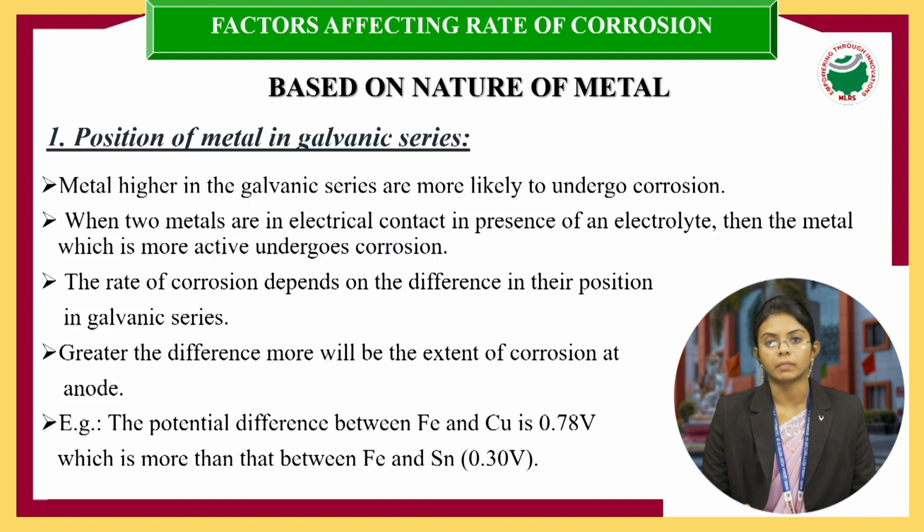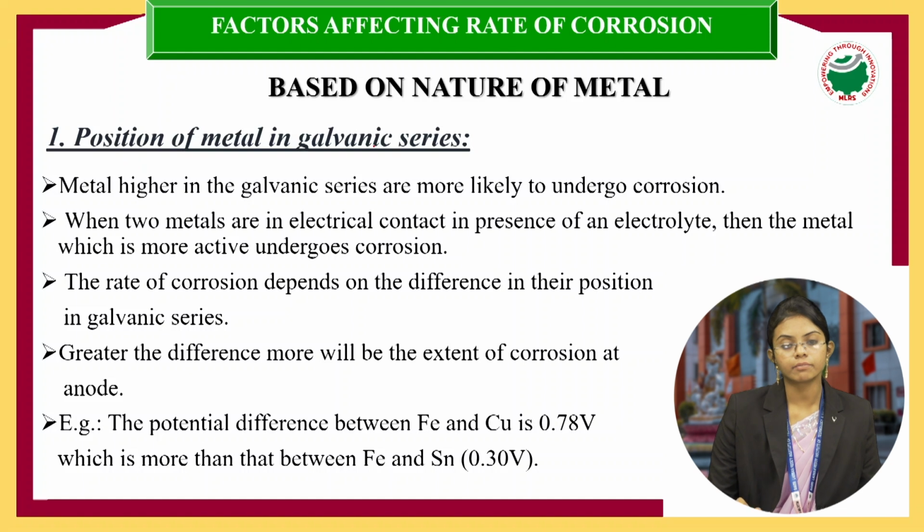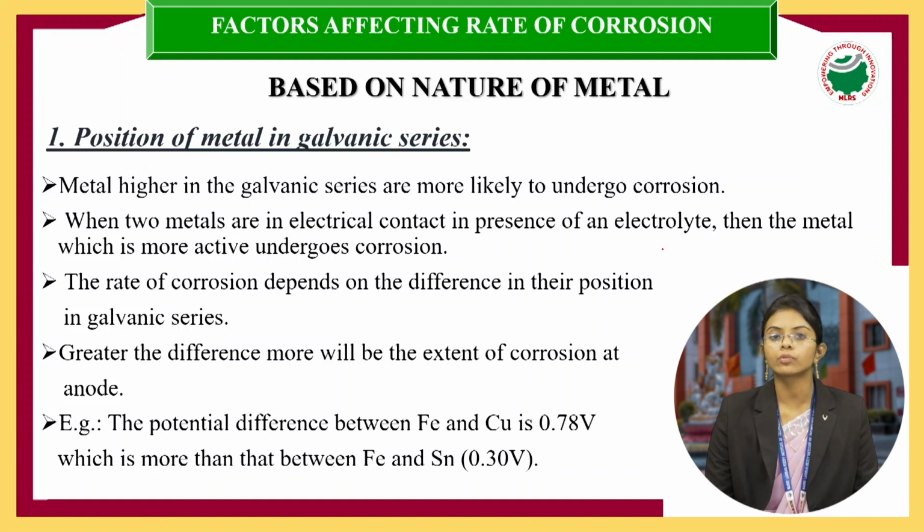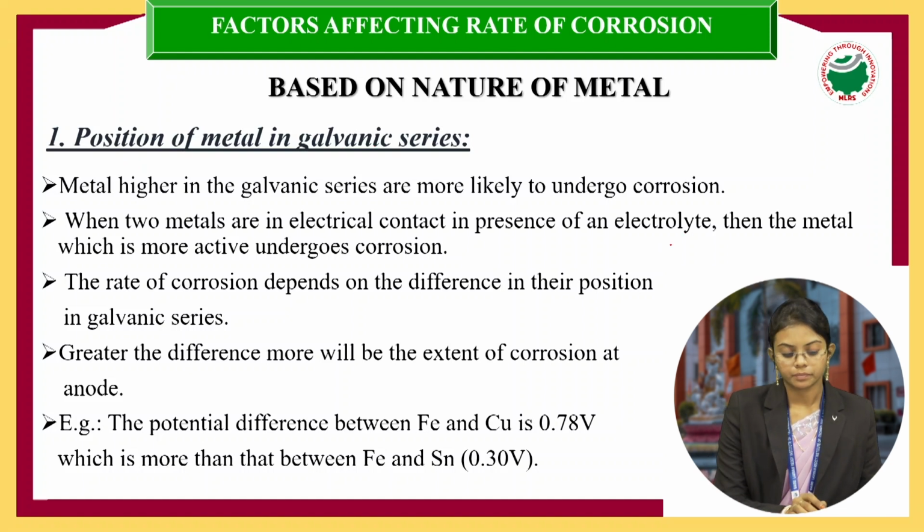If you choose a metal from the higher position, that metal will be very active and gets easily corroded. If you choose metals with high reduction potential from the lower part of the series, they will be protected and act as passive metals. That means they will not get corroded. So the position of the metal is very important when you are choosing a metal.